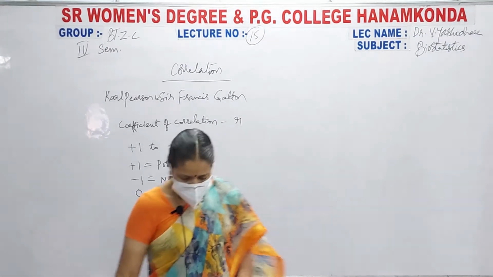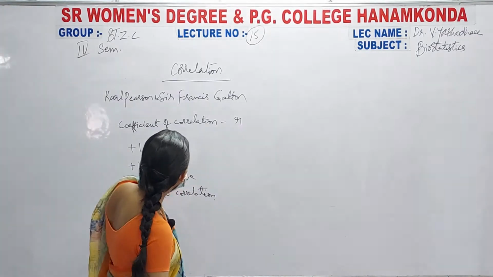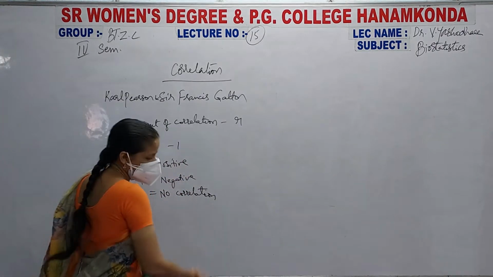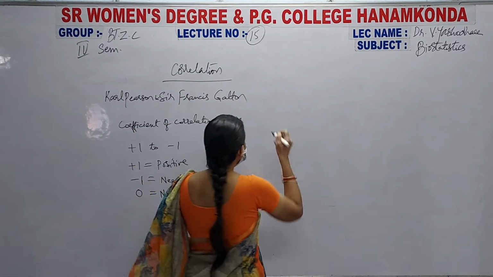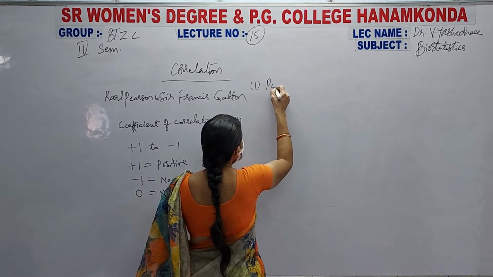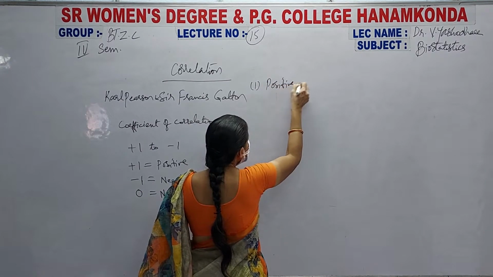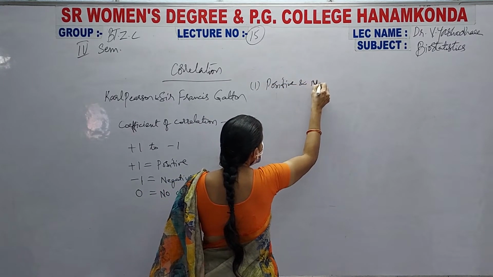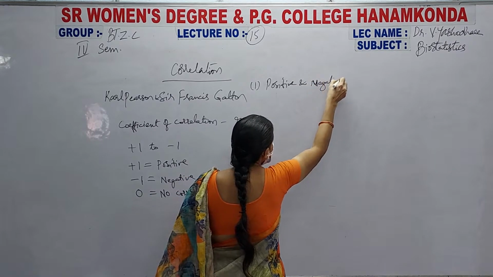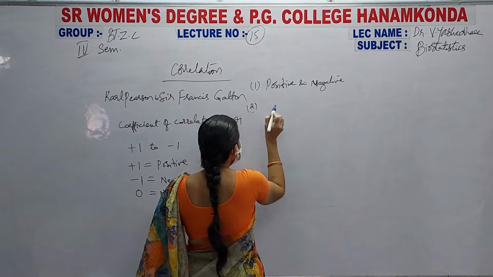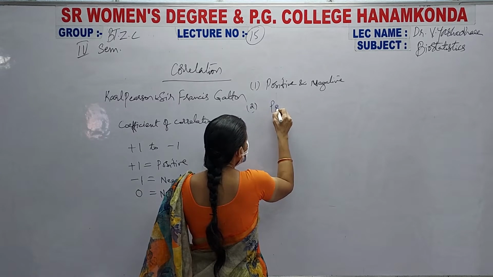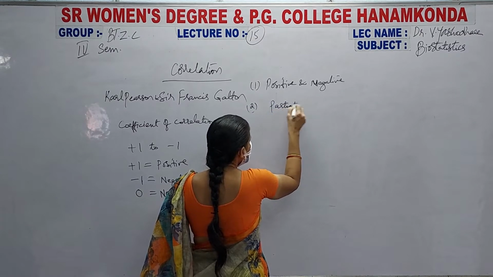Now, this correlation is of many types. One is positive and negative. Second is partial and total.